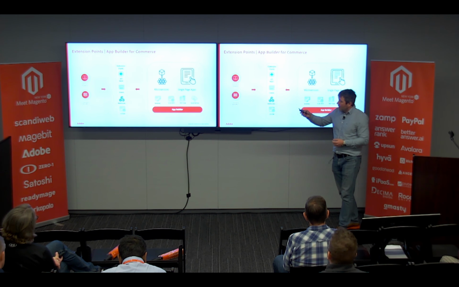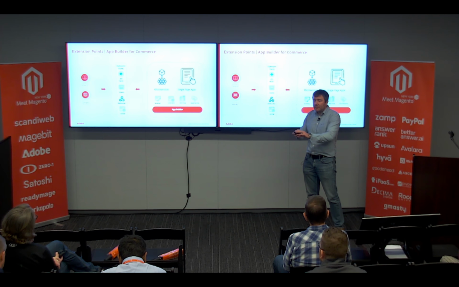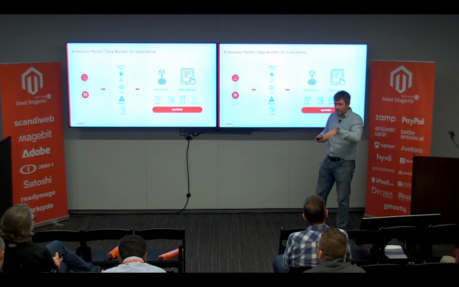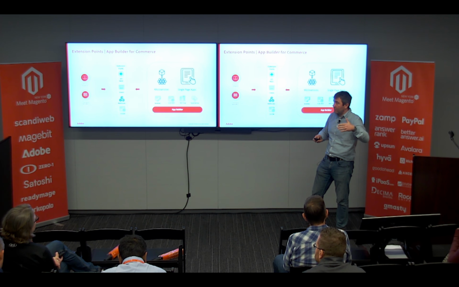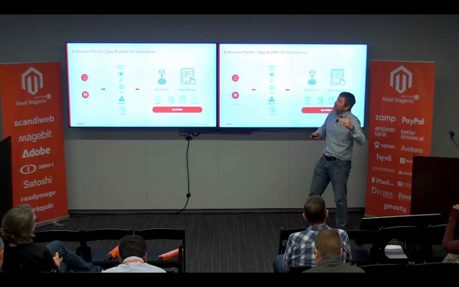And moreover, we completely preserve even the payloads for those events. Let's say you had a service layer PHP, I don't know, product repository save invocation, accepting some product interface. We can intercept that call, get the entire payload, and send this data exactly the way it was provided in PHP to an App Builder service.